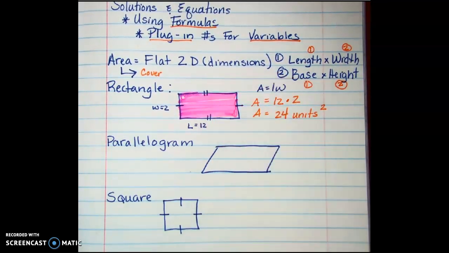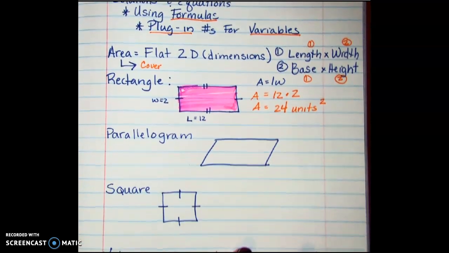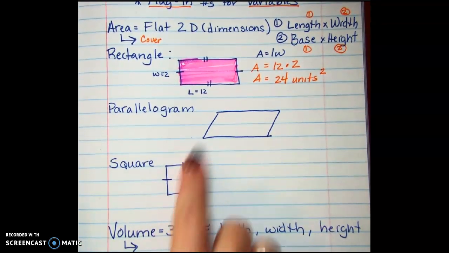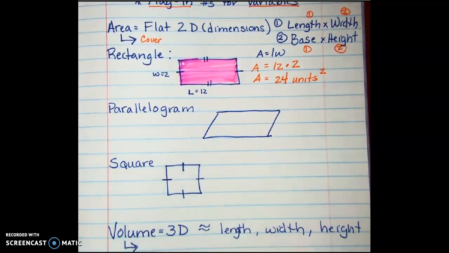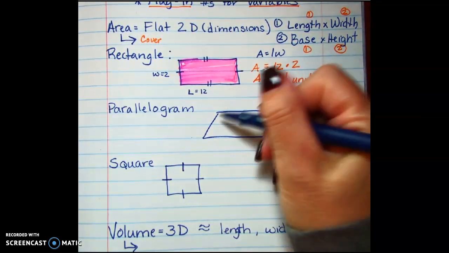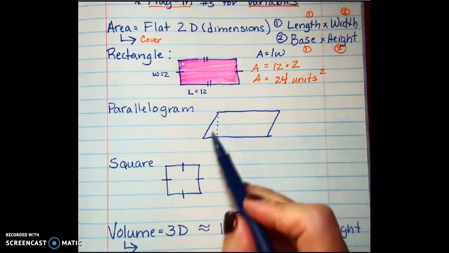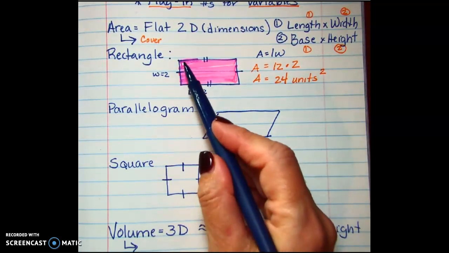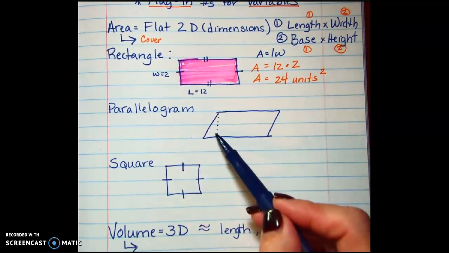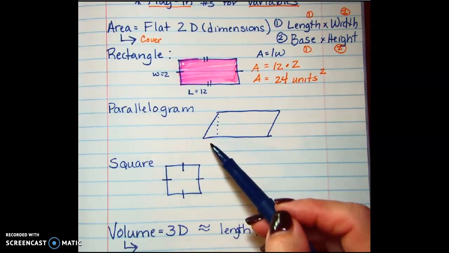Okay? Now, I might want to fill in all of this nicely so that we know that it's the whole area. Now, here's another one for area, a parallelogram. A parallelogram is just like a smushed down rectangle. See how this has square corners, this does not. So how do we find the area of something?